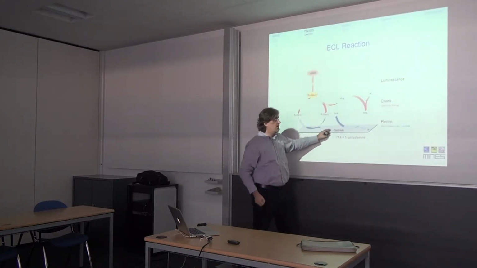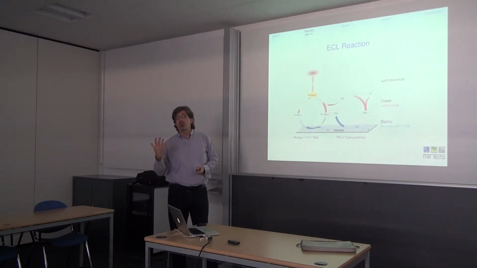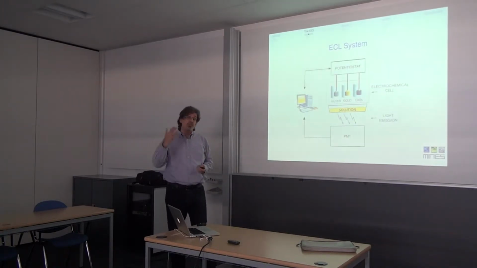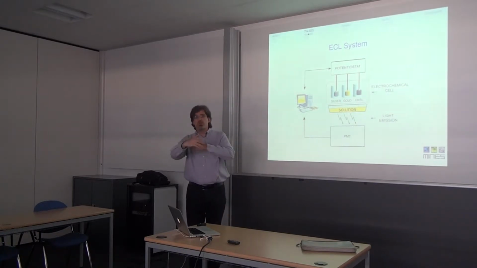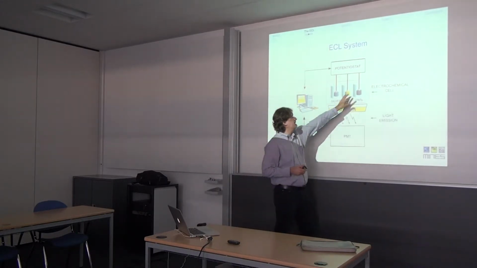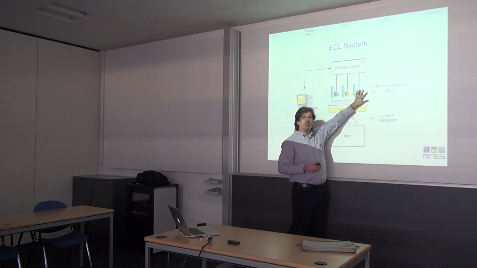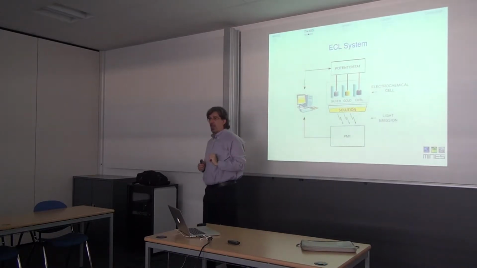So these reactions happen on the surface of the working electrode. They happen also on the counter electrode, but with less efficiency because of the system. But we are interested in detecting what happens on the surface of the working electrode.